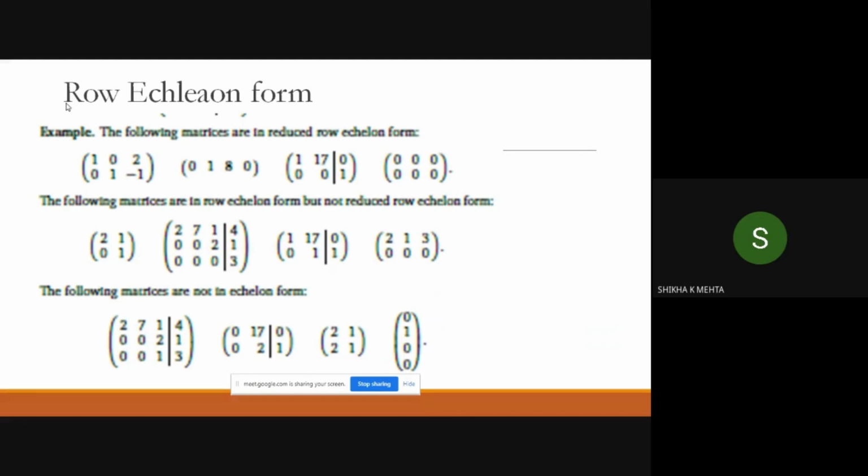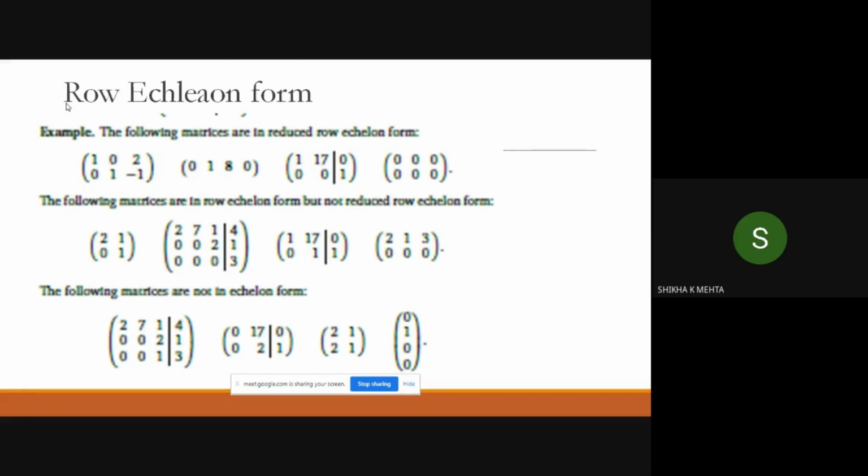So here we can see a few examples, like the first row that we see, that they are in the reduced row Echelon form. If we move row wise, in the row 1 the first entry is 1, then below that it is 0, then in the second row the second entry is 1. So it is in the reduced row Echelon form, because wherever we have a pivot 1, in those two columns there is no other non-zero entry.